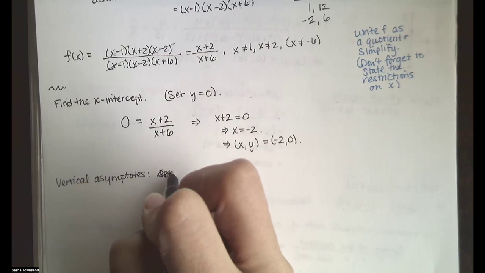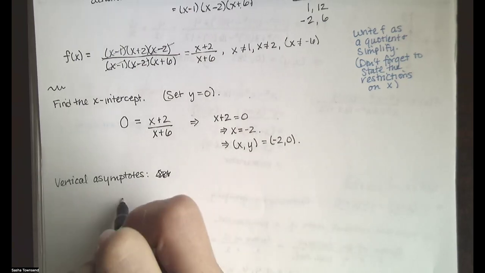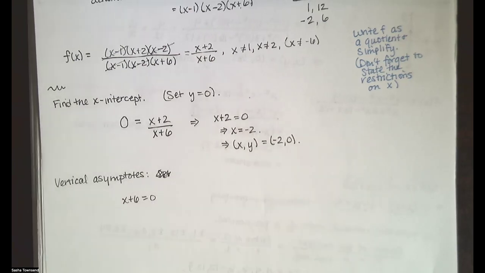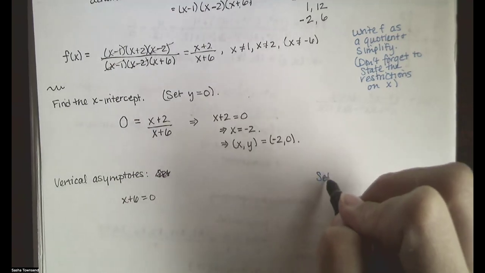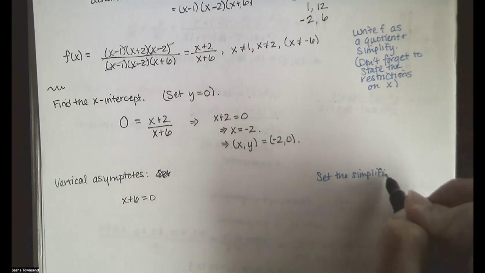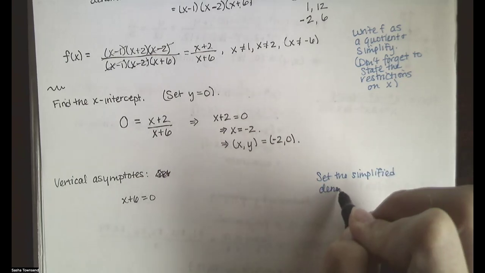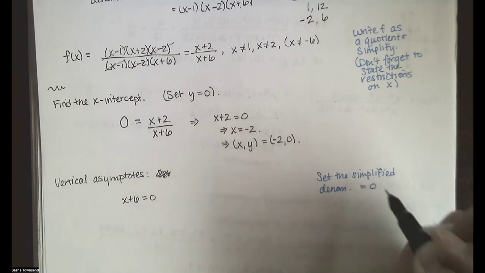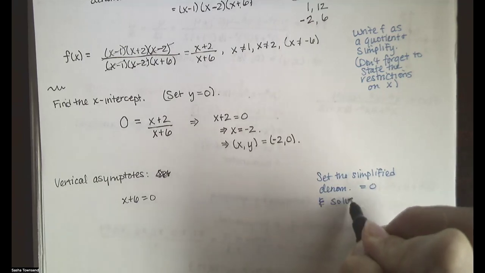And this, actually, I think I'm going to do it over here. We'll say x plus 6 equals 0. We're going to set the simplified denominator equal to 0 and solve for x.